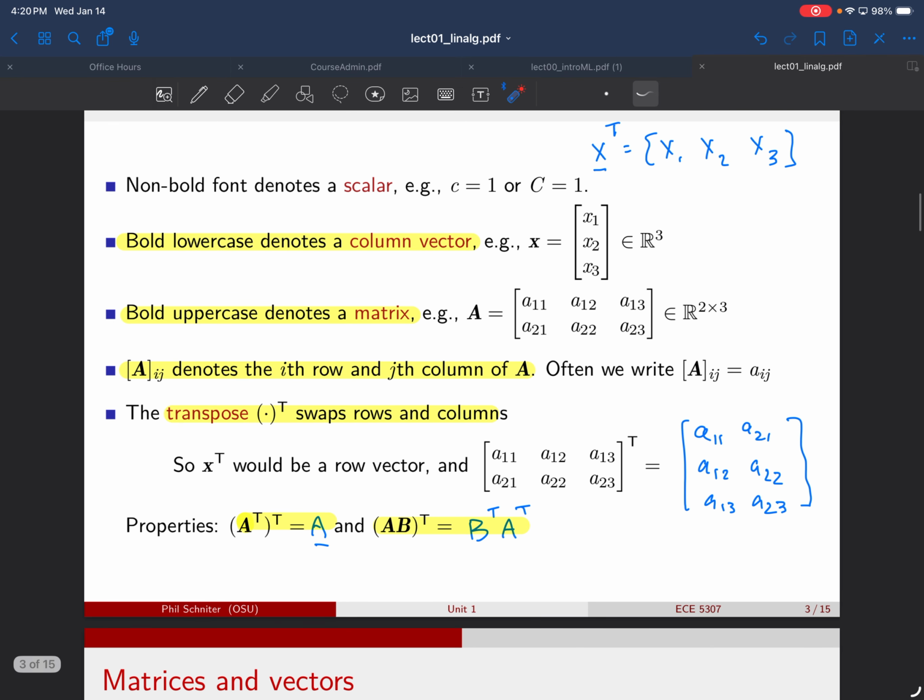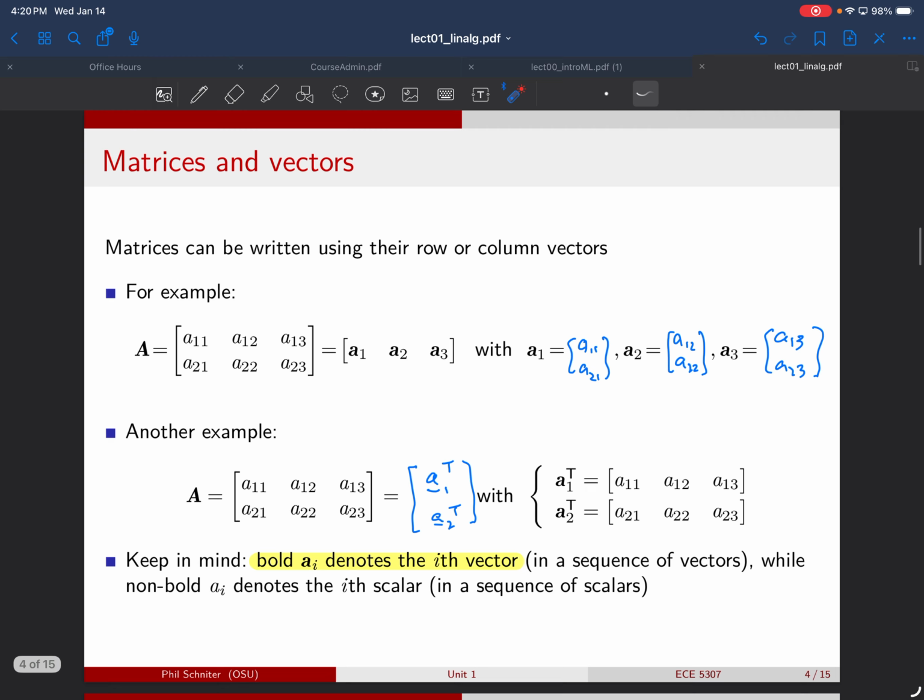So for example, over here we have a sequence of vectors A1, A2, A3. If I want to talk about the ith one in the sequence, I would get A sub i. It could be any of those three.